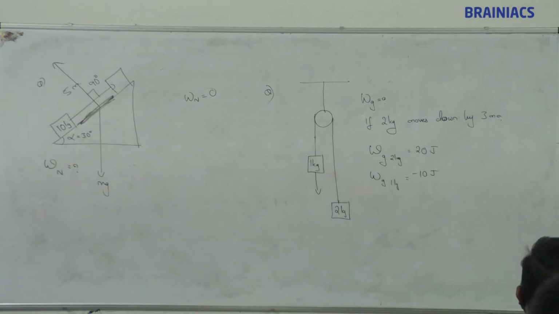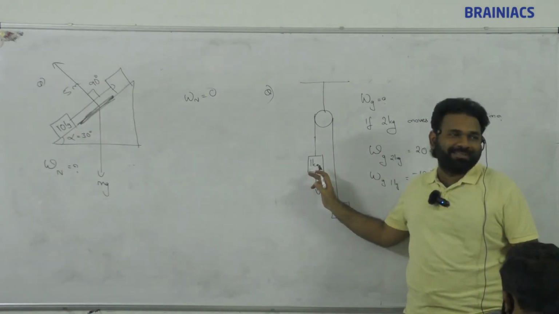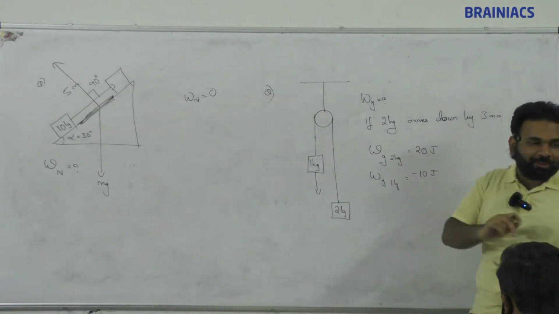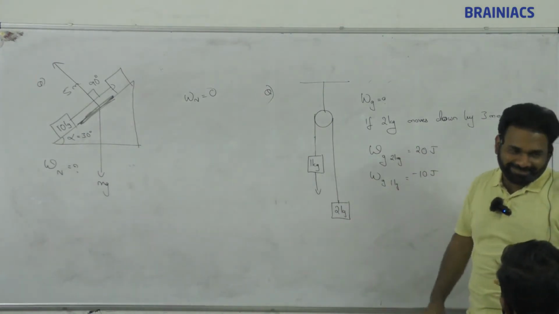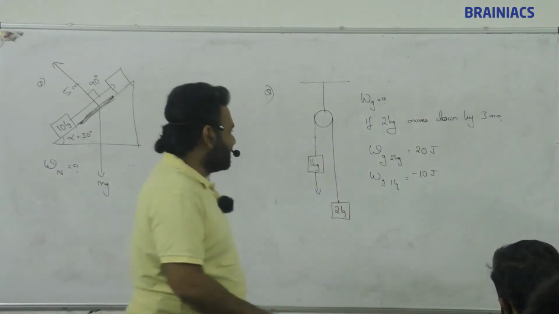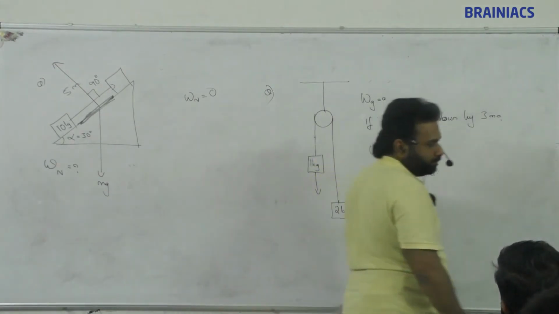Which one? B overall, sorry, not overall. 30. What is the work done on this? How much? Whatever answer you are getting, tell. No issues. But what I need is separate.